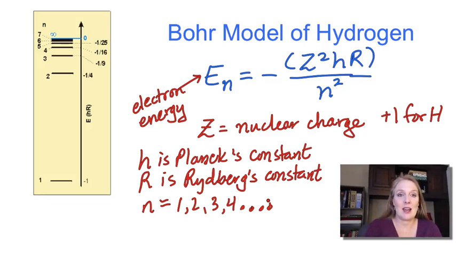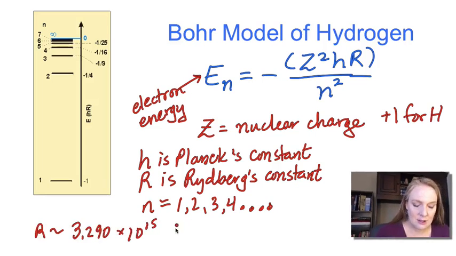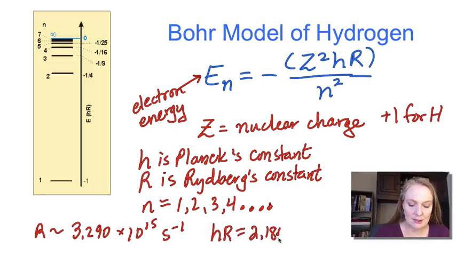In this particular case, I want Rydberg's constant to have units of frequency, so I'm going to say R is approximately equal to 3.290 times 10 to the 15th cycles per second, which makes h times R equal to 2.180 times 10 to the minus 18th joules.